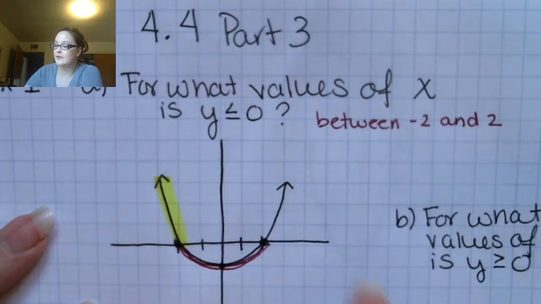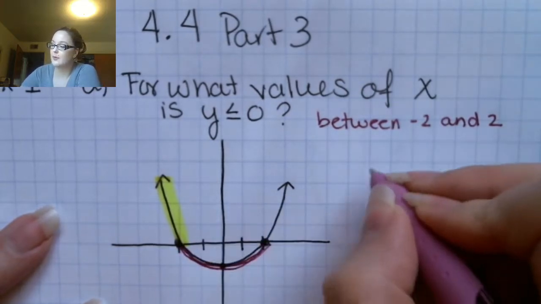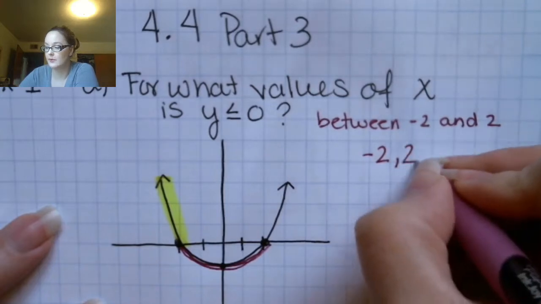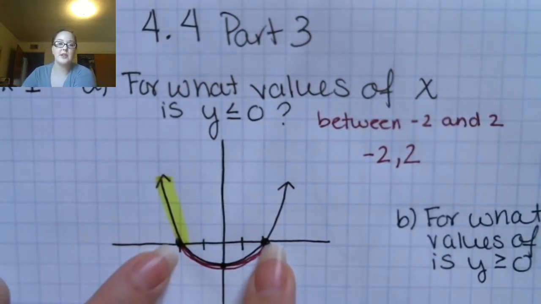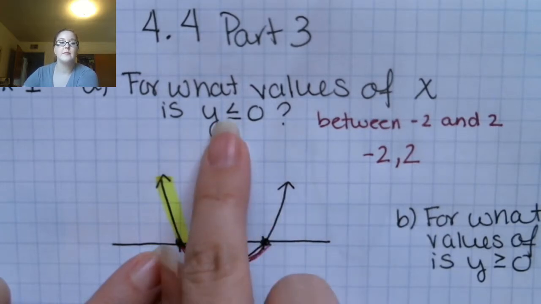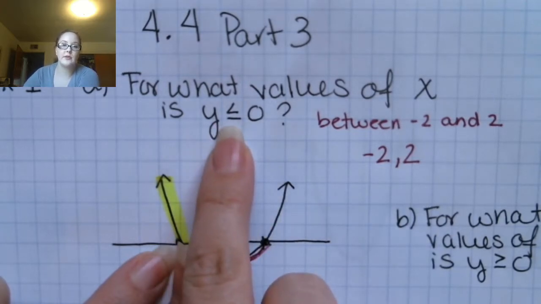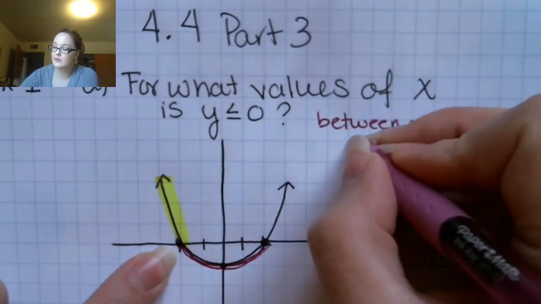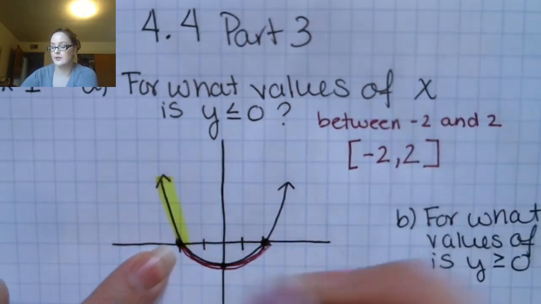So between -2 and 2, that means our left endpoint is going to be -2, and our right endpoint is going to be 2. You can even imagine this as looking at part of your number line. Because it's less than or equal to 0, that means we're including these x-intercepts, and we're going to use the brackets to show that we're including them.